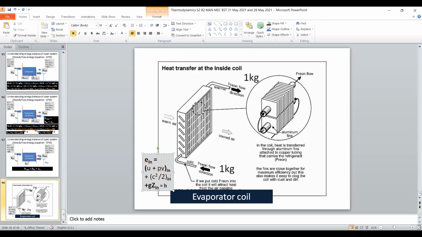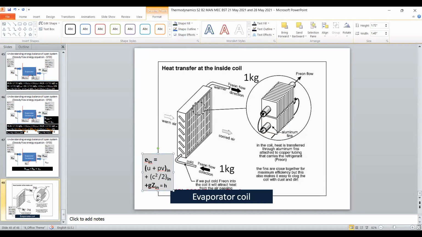So I just put as H in because the only significant overall is the enthalpy.